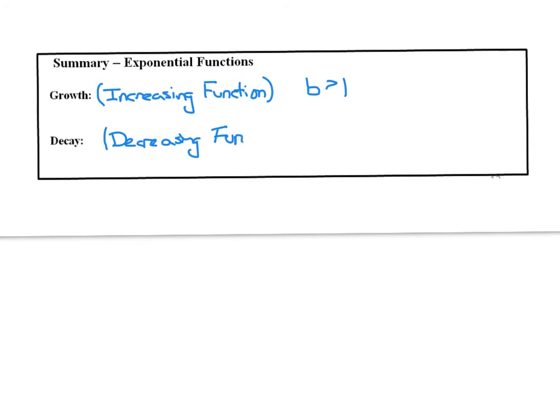And it's a little harder to recognize how we get a decreasing function with exponentials. But if you look carefully, you'll notice that the base values were always fractions whose value was less than 1. But because we've got an exponential function, we also have to make sure that the base is bigger than 0.